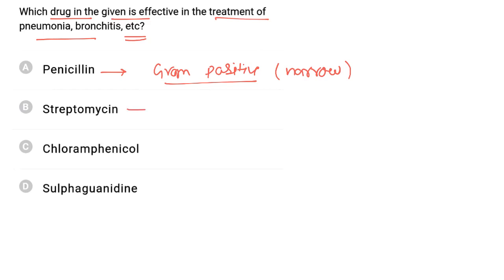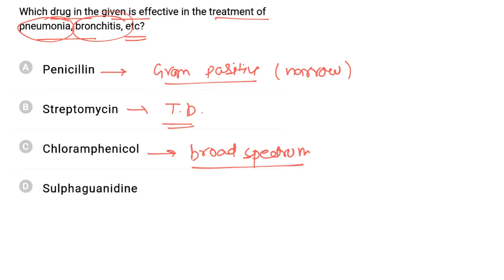Now streptomycin is narrow to broad spectrum, but it cannot be used for treatment of pneumonia and bronchitis. It is used for tuberculosis. Chloramphenicol is broad spectrum, and due to broad spectrum it can be used for various types of bacteria, so it is used for treatment of pneumonia and bronchitis, and hence the correct answer is C.